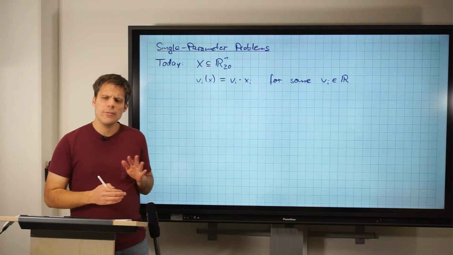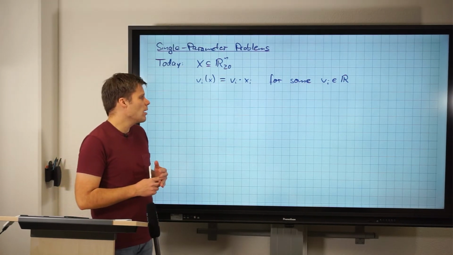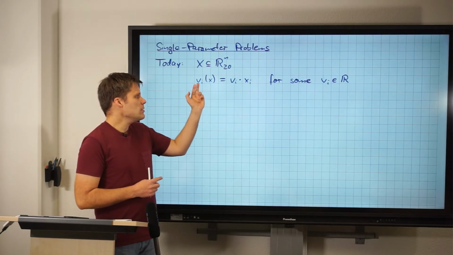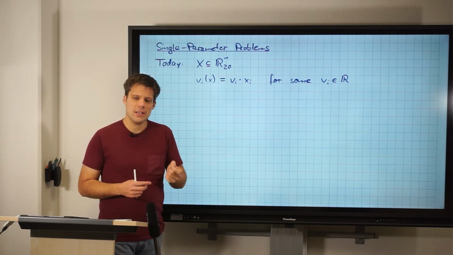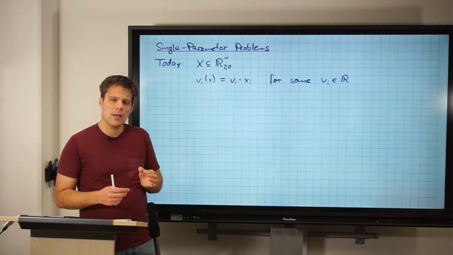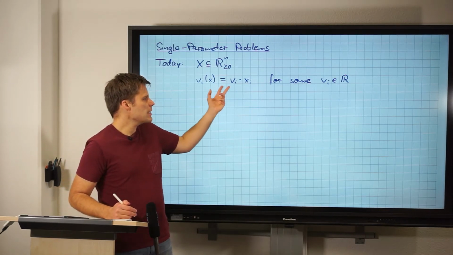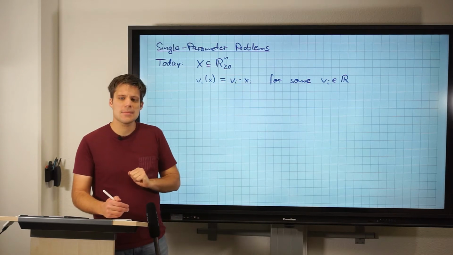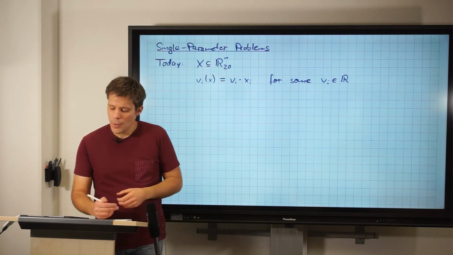So again, we're overloading notation here, like we did for single item auctions, where this v_i would be the function associating a value to each outcome. And we now say, okay, this we can actually express by some real number times the x_i that I'm getting. What might this look like?